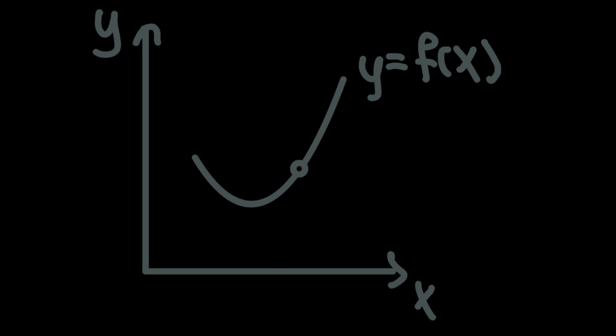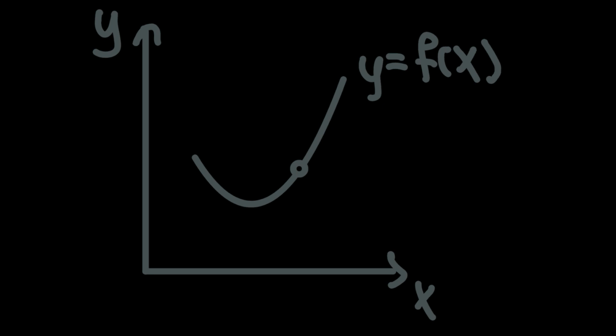So this hole means that at this x value, the function isn't defined. There's no corresponding y value. So in this case, we wouldn't simply be able to replace f of x by that x value that corresponds to this hole, because the function isn't defined at that point.